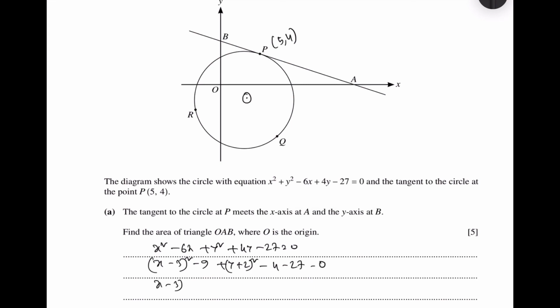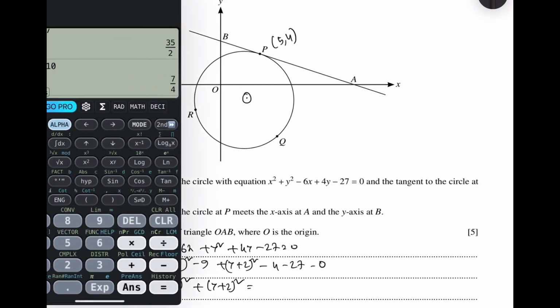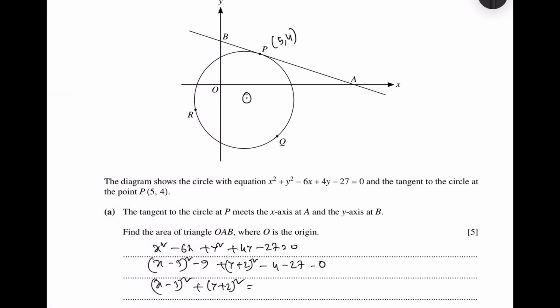So x minus 3 whole square plus y plus 2 whole square equals to, if we simplify, 9 plus 4 plus 27, so it is becoming 40.